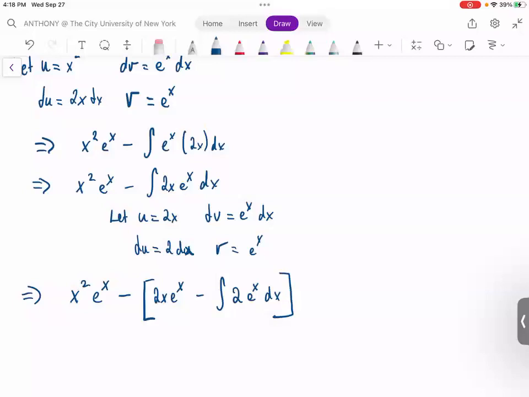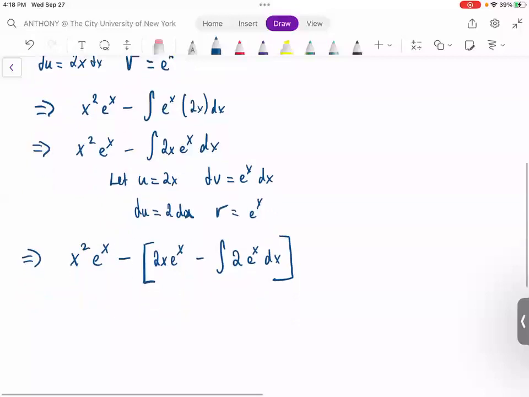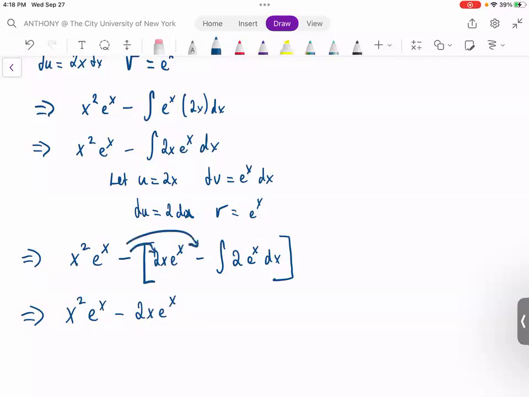And we already established that the antiderivative of e to the x is just itself. So in my next line, I will say we have x squared e to the x minus 2x e to the x. Now, again, I'm just distributing this negative sign here. So when I pull the 2 out, originally it would have said negative 2, but because of the negative that was outside of the bracket, the negative 2 becomes positive.